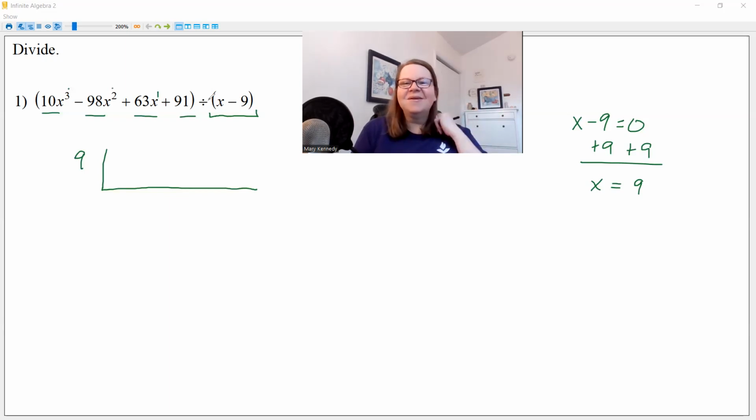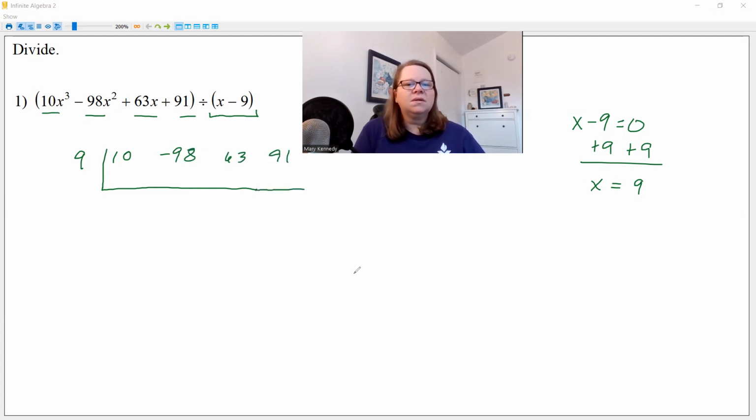Because there's no x value there. So there's no gaps to worry about. If there were, we would have to put in a 0 for a term, but we don't have that. So in this case, we've got a 10. We're writing down just the coefficients, and then a negative 98, and then a 63, and then a 91.